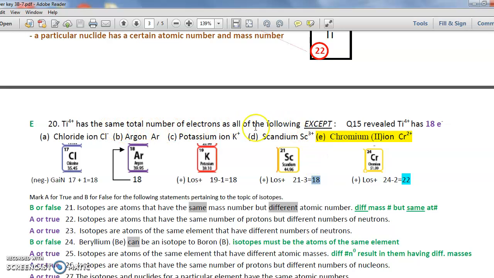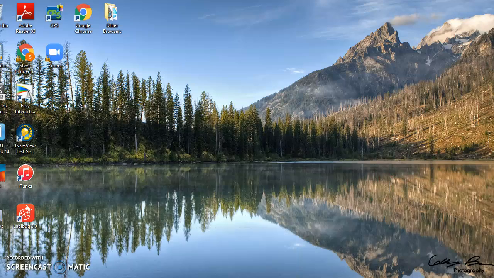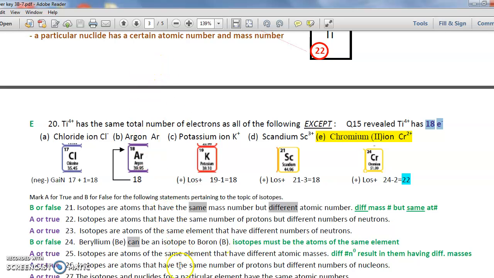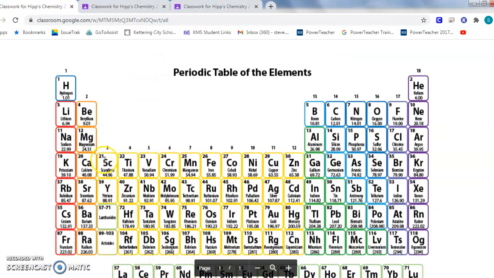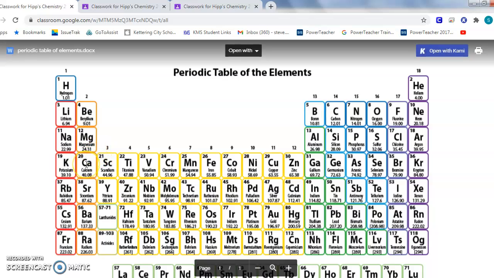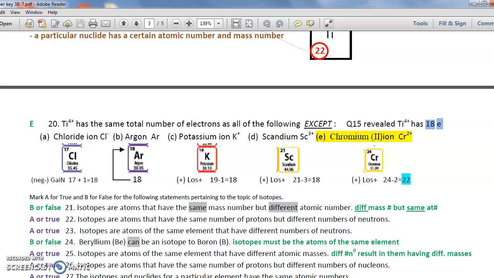That's the same as what titanium has, 18 electrons. Does it make sense that scandium would want to do that? Certainly. Scandium starts with 21. If it loses 1, it would have the same number as calcium. If it loses 2 electrons, it would have the same as potassium. If it loses 3 electrons, it would have the same as the chemically stable argon, which is what it seeks to do.